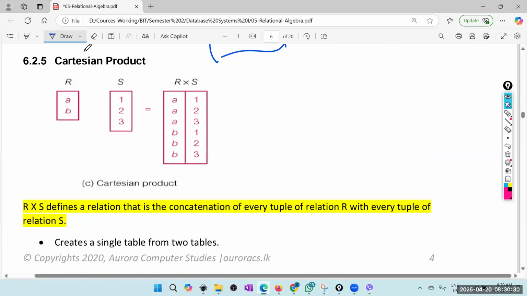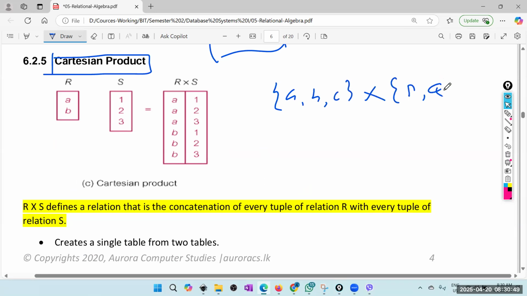Right, our final operation is Cartesian product. So this is pretty similar to the Cartesian product in sets. Remember when we have two sets, A, B, and C, and the Cartesian product with the set P, Q. The result is a set having ordered pairs.